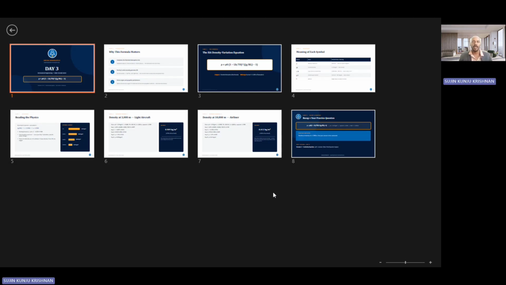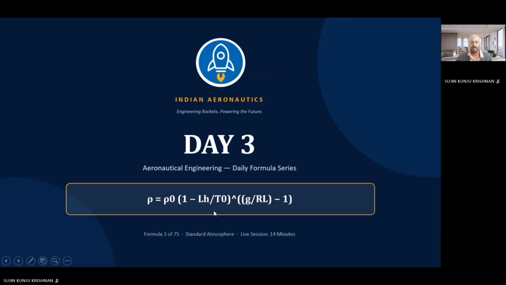Here is today's formula. Rho equals rho 0 times the quantity 1 minus L H over T0, all raised to the power G over R L minus 1.